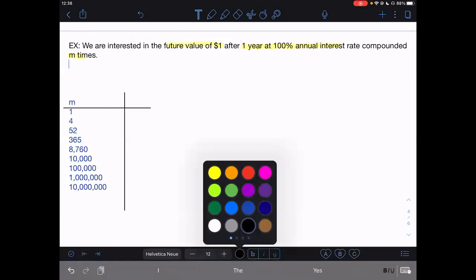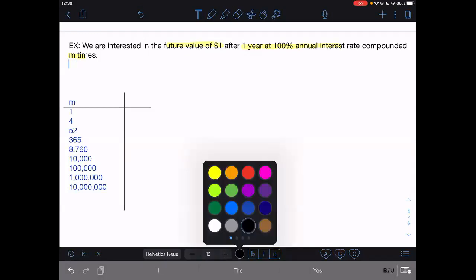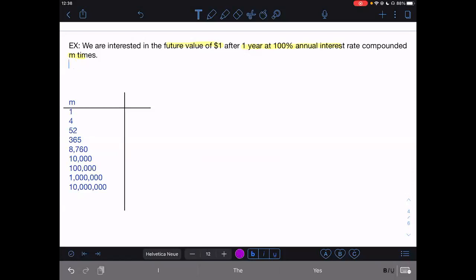Let's identify our variables. Our value of P, our initial investment, is just $1, a single dollar. So P is just 1. Our interest rate is 100%, which means R will be 1. We convert it to a decimal: 100% converted to a decimal is just 1. And then M, in this case, we don't know just yet. We have a different setup.